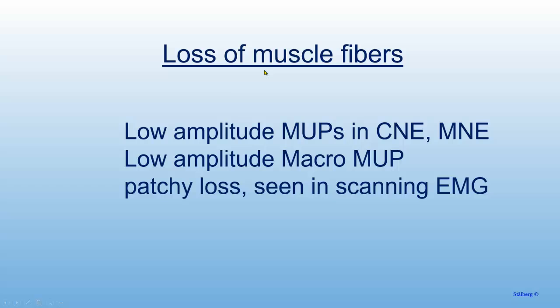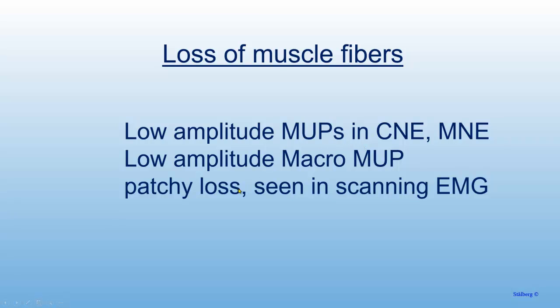And then the next parameter, can we see loss of muscle fibers? Well, we have low amplitude of the motor unit potentials in a conventional EMG. We see the low macro amplitude. Macro is recording from the cannula, a non-selective recording.